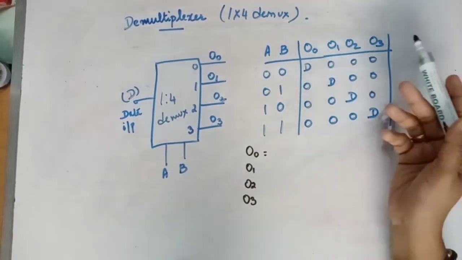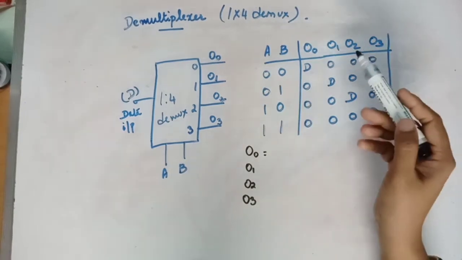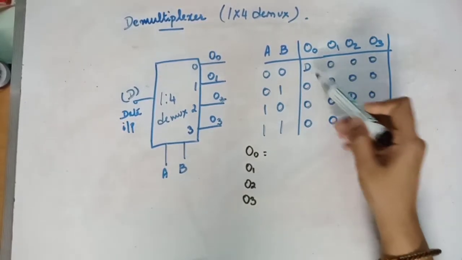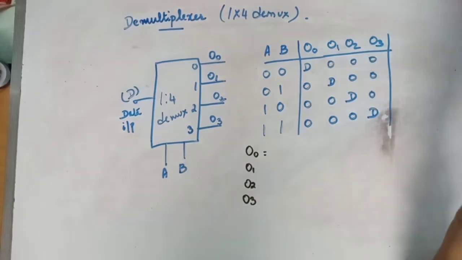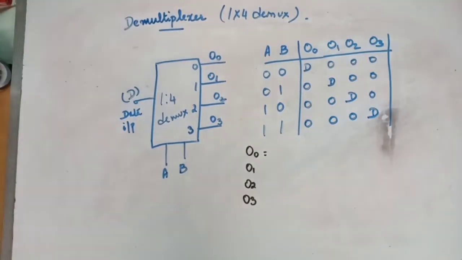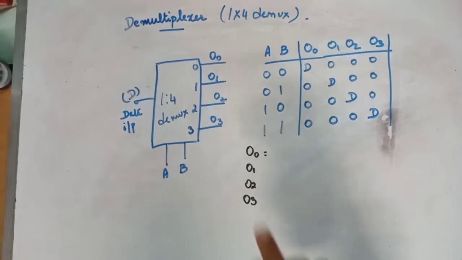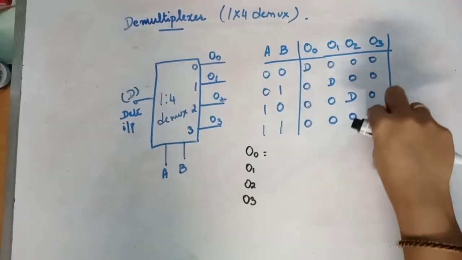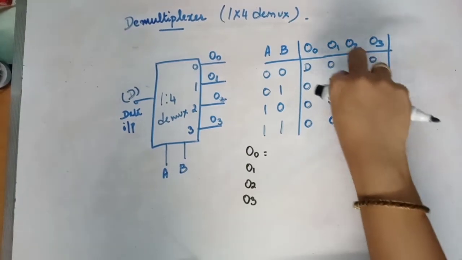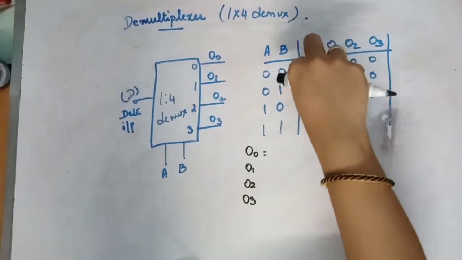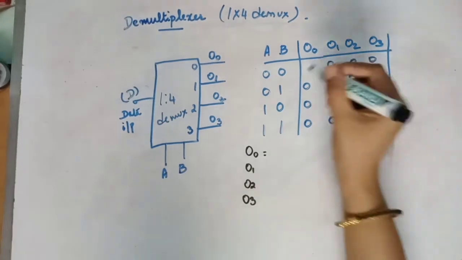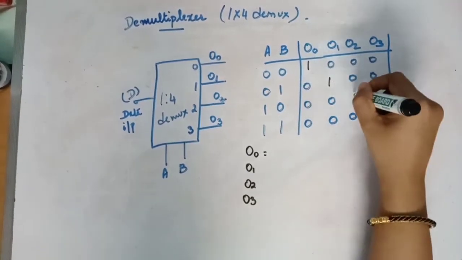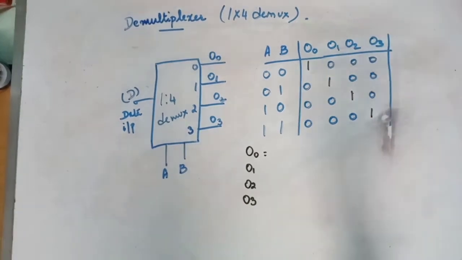If it is 0, we can't see anything. So we'll write the equations assuming that D is 1. Why? Because if it is 0, then there won't be any difference in any of the output lines. All the LEDs will be off. If it's a 0 in the input line, you'll get a 0 only. But to write the output equation, we'll assume that it is 1.